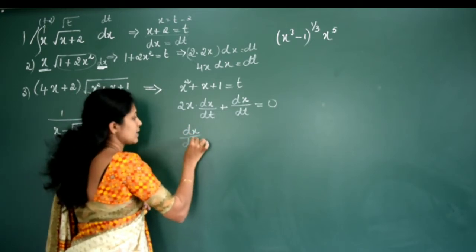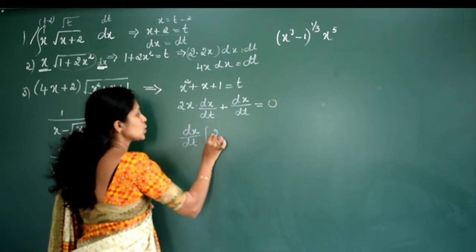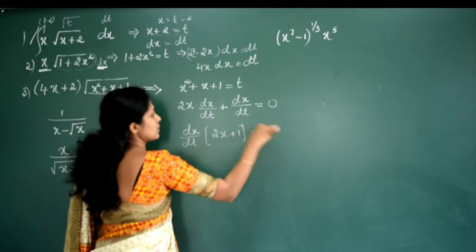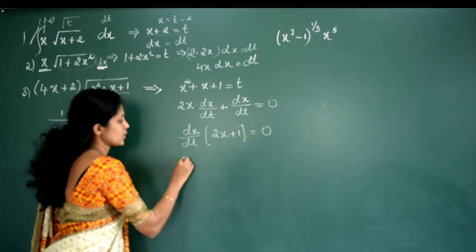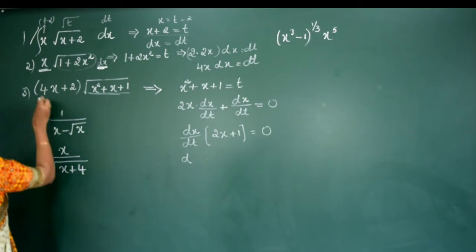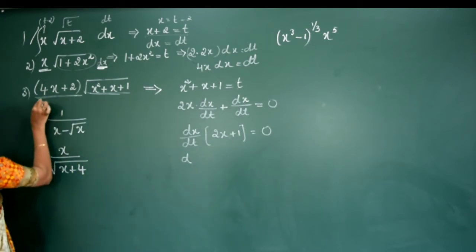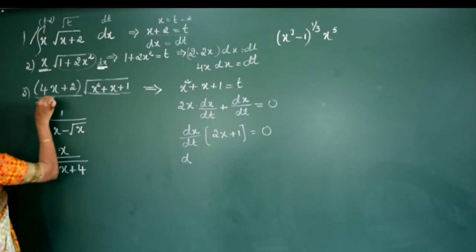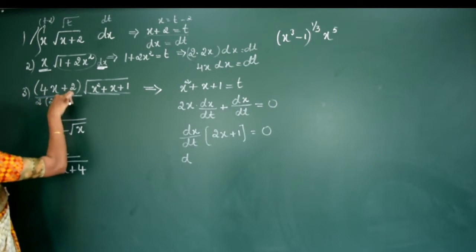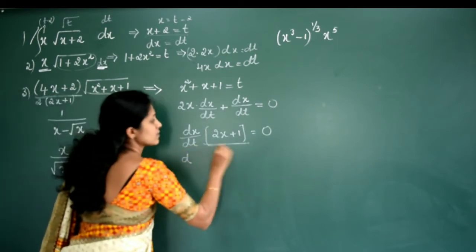If I take dx by dt common, what is remaining? 2x plus 1 is equal to 0. We need the value of 4x plus 2. Here you can see, 4x plus 2 can be written as 2 times, if you take 2 out, what is remaining? 2x plus 1.